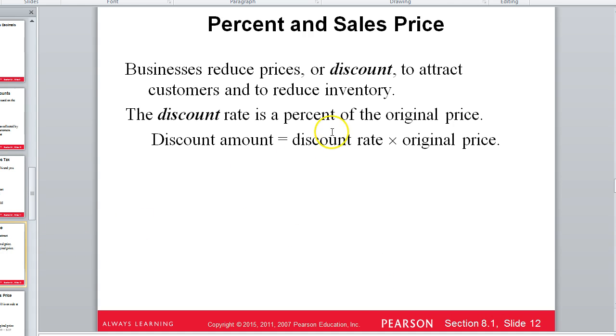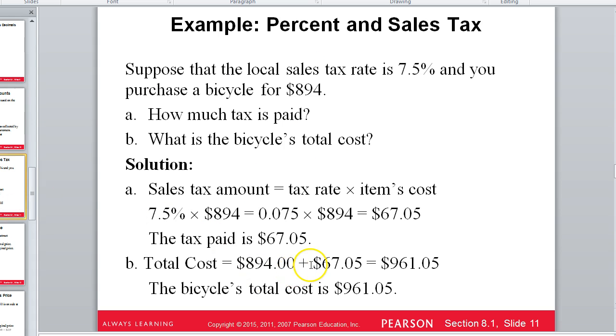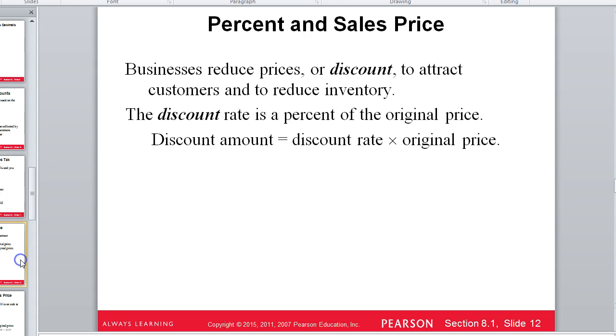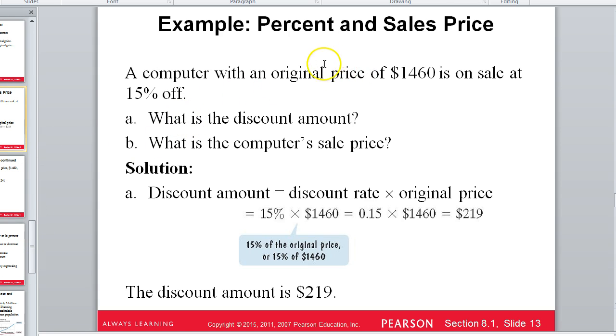All right. Discounts, very similar, except instead of adding right here, you subtract, because it's a discount. You're taking that amount off of the total price. So the discount amount is the discount rate times the original price, and then we end up subtracting that to get the amount that's actually paid. So an example, this is the original price of the computer. We got 15% off. So the discount amount is going to be 15% of the total price.